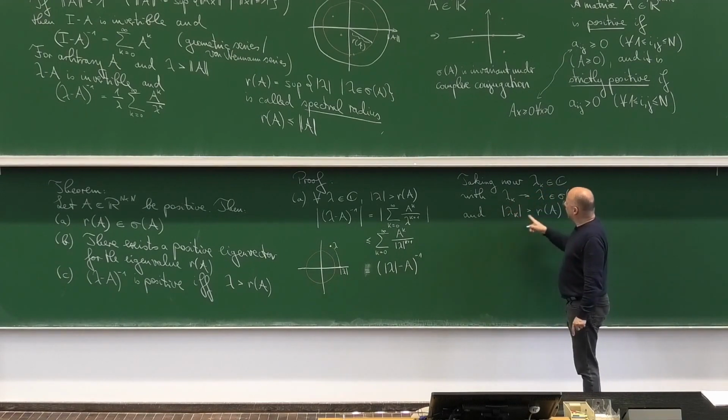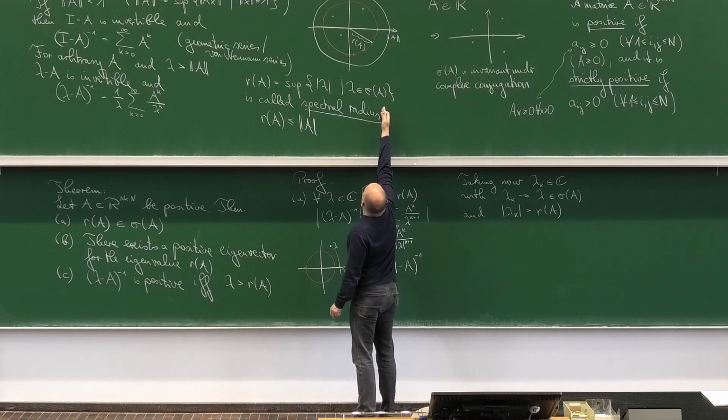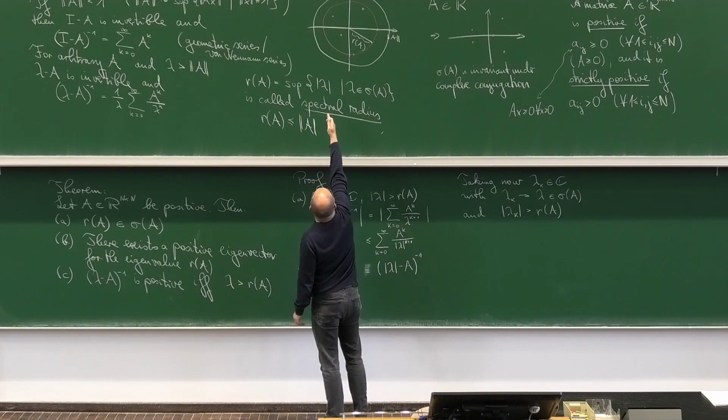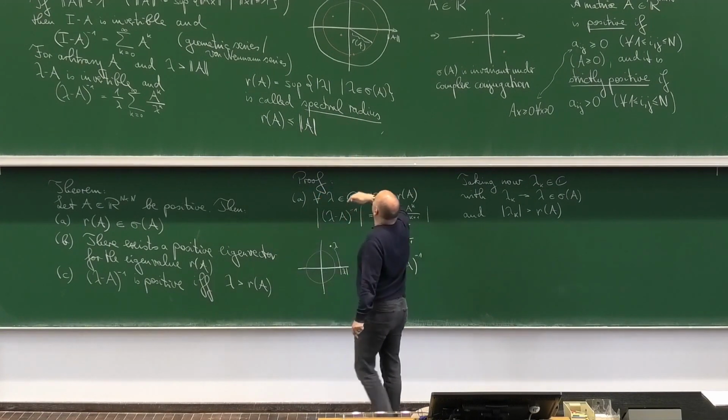So this one always exists, such a sequence, because by the definition of spectral radius, the spectrum is finite. The supremum is actually a maximum. So this supremum is attained for some lambda in the spectrum.